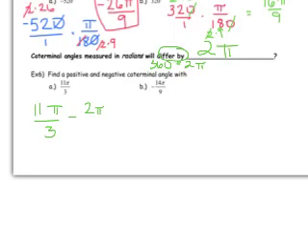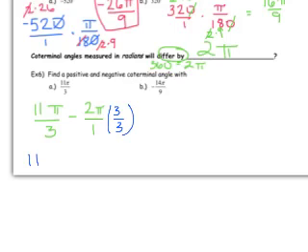This is practice of fractions: you have to have common denominators to add and subtract fractions. Right now, my denominator is a 1, so I'm going to again use that magic number of 1 I keep talking about. Multiply 3 over 3. So this is really like 11 pi over 3 minus 6 pi over 3. So that's 5 pi over 3.